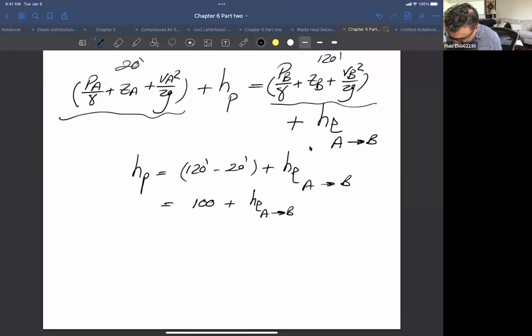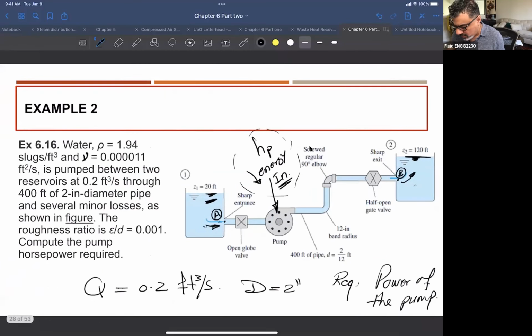Now the losses between A and B, this all piping is connected. So we have first a sharp entrance to the pipe, and then a straight pipe, and then a globe valve, and then the pump here, which you can consider as a component, but there's nothing mentioned about this pump. Only given the diameter and the elbow, 20-inch bend radius, 90-degree elbow, globe valve.